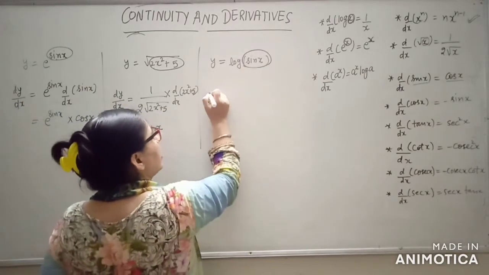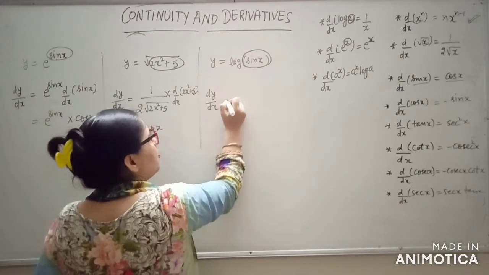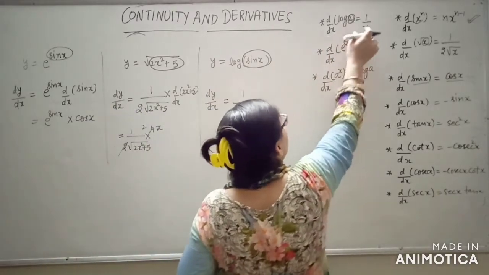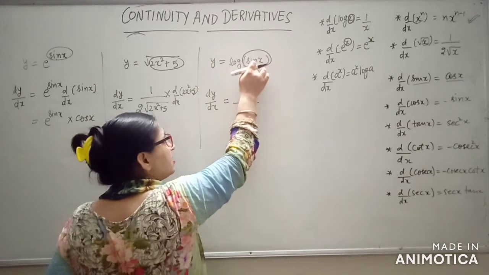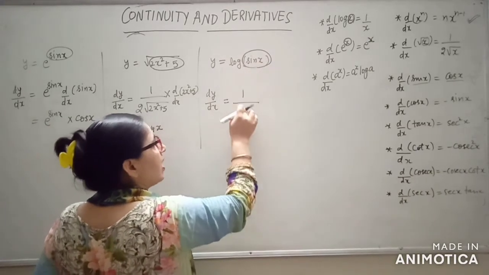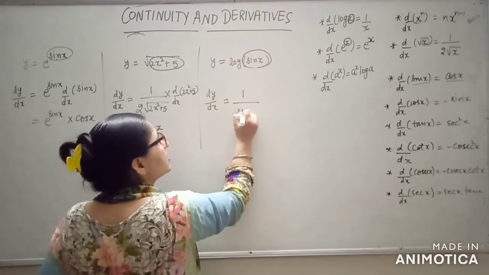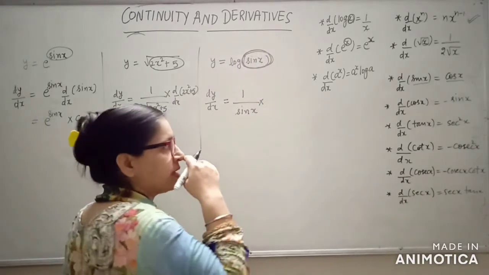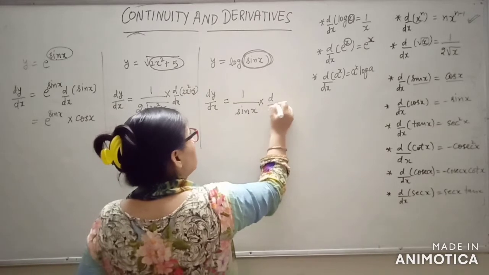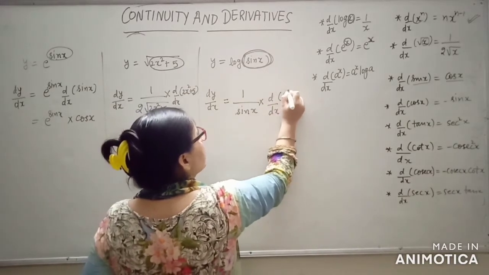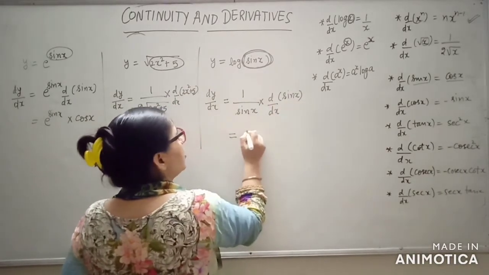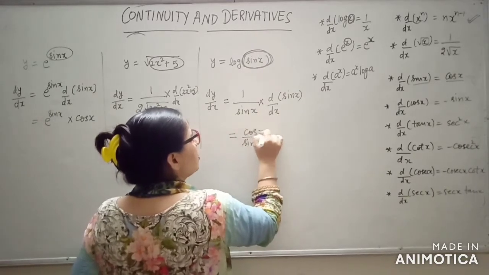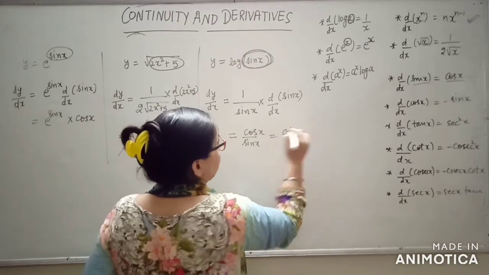As per the formula, the derivative will be 1 upon sin x into the derivative of what we have considered as x, that is d by dx of sin x. So this will be 1 upon sin x, and the derivative of sin x is cos x. So it would become cot x.